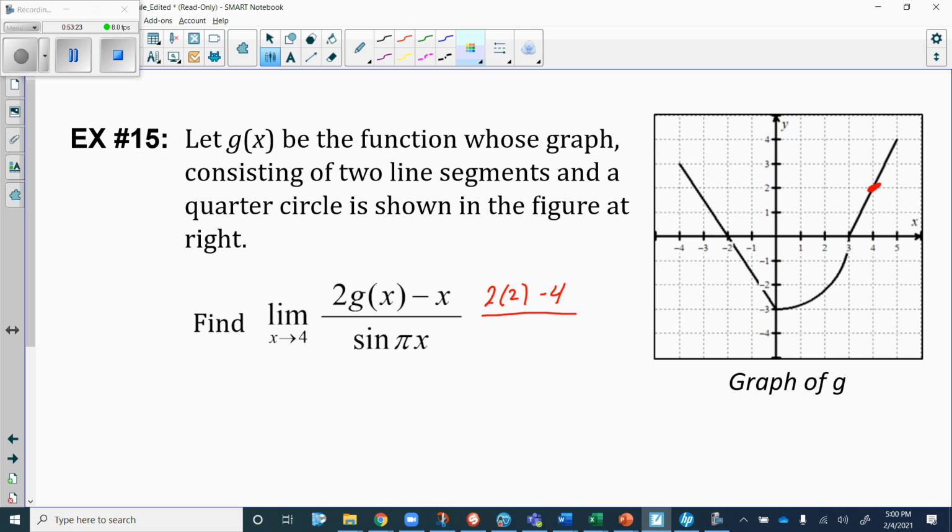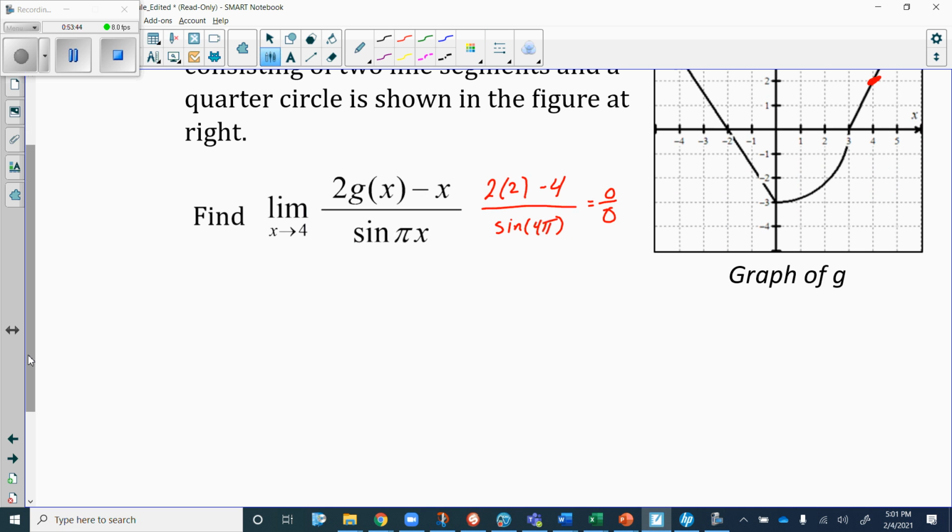So sine of essentially 4 pi here, that would be 2 complete revolutions. And so at sine of 0, you're at 0, so you get 0 over 0. So we're using L'Hopital's rule because we have an indeterminate form.